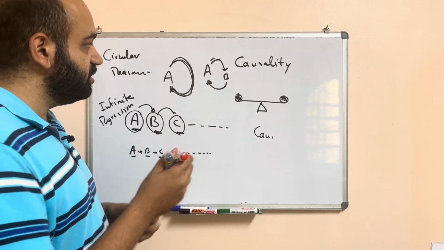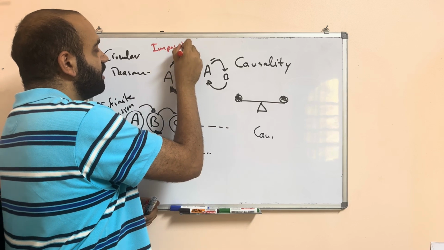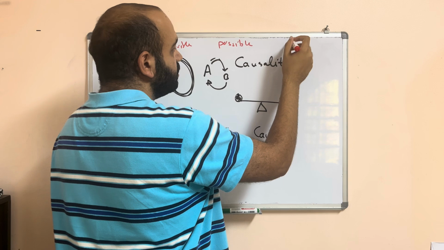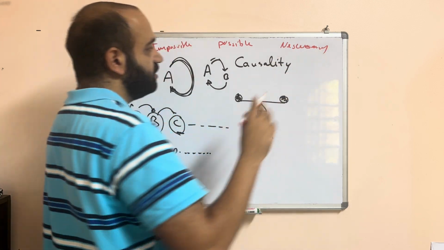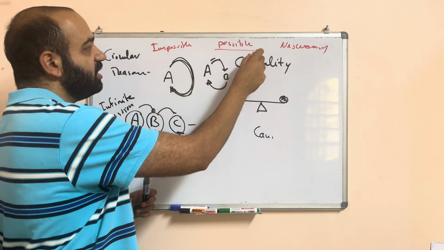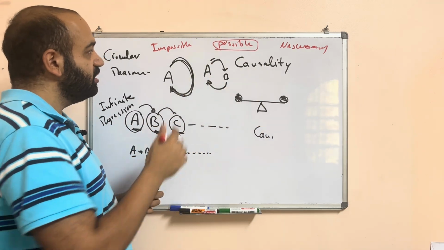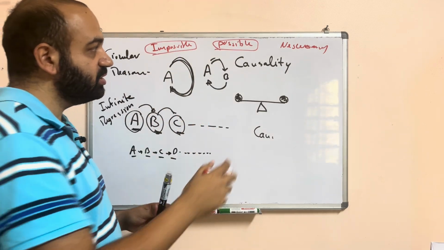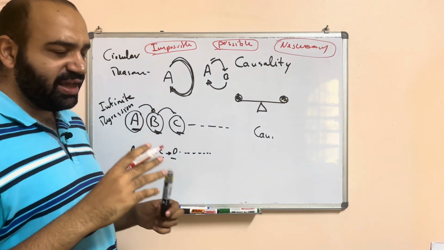The first category is impossible, the second category is possible, and the third category is necessary, or must. Something that is possible can exist and can not exist. It can be true and can be false. Something impossible cannot be true. It must be false. Something that is necessary can't be false.